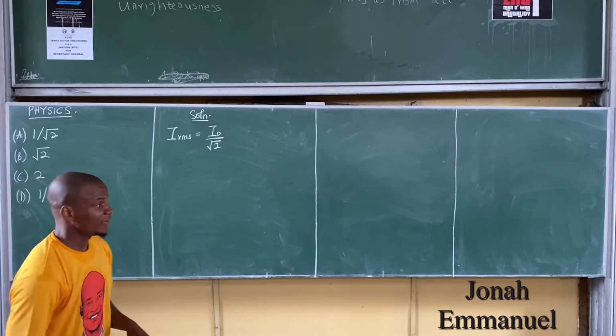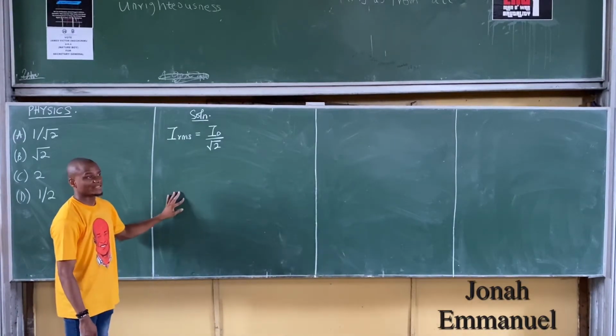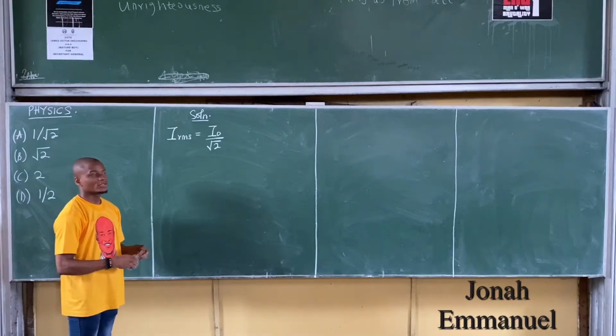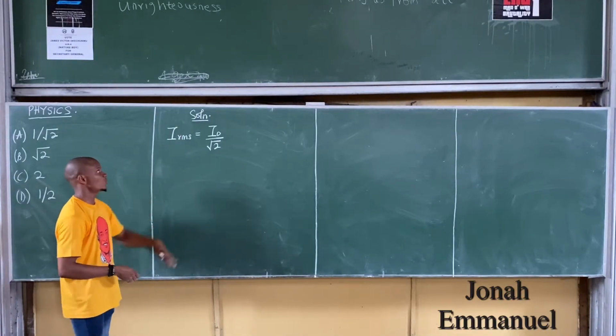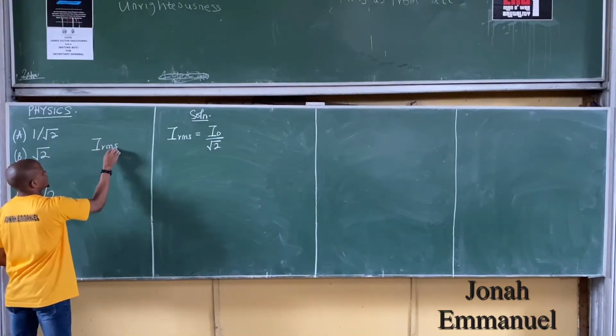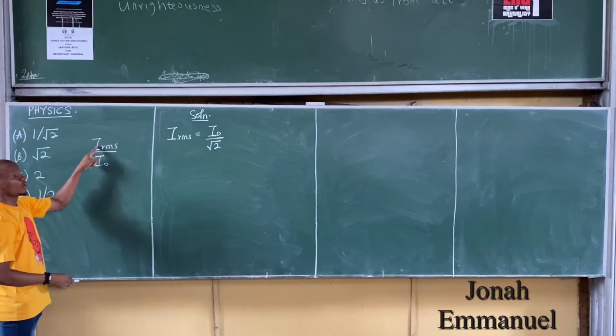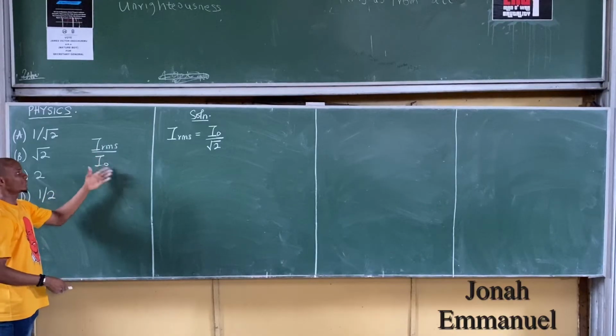It means look for a way to express this in terms of I RMS all over I naught. How do I convert this to something that looks like I RMS all over I naught? The ratio of the RMS value of current to the peak current is equal to that.